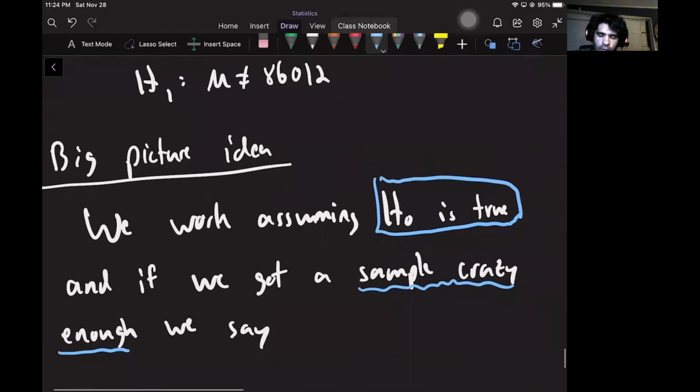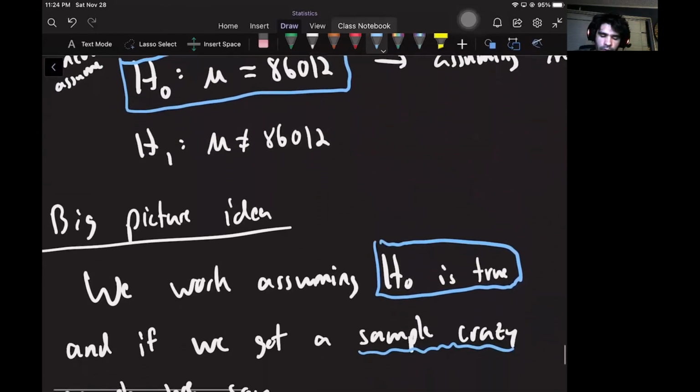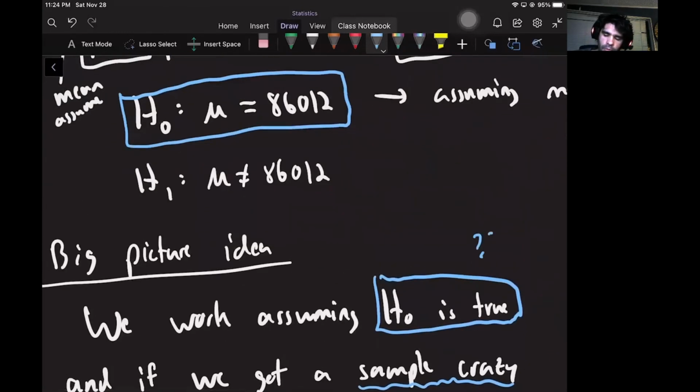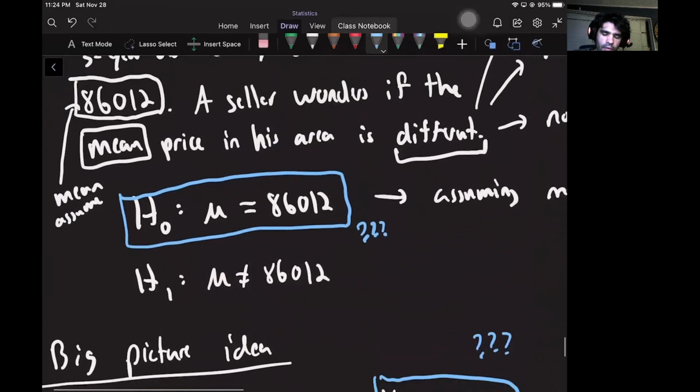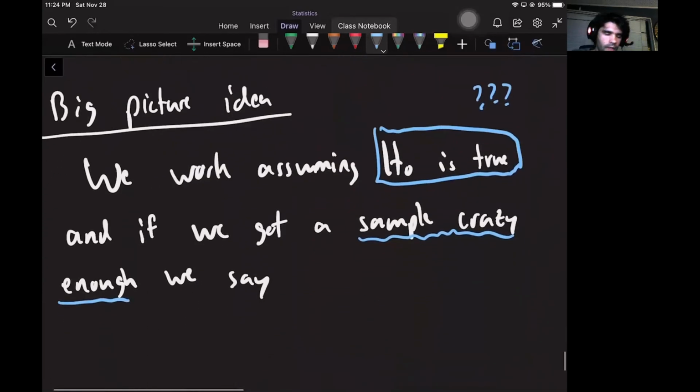That might make you question, how could this possibly be true? How could this be true if I got a sample and my average mean of that sample was $1 million? How could this average be true? And that's the whole idea.